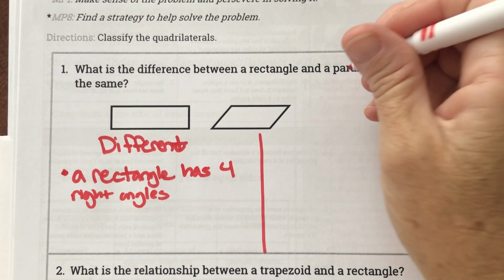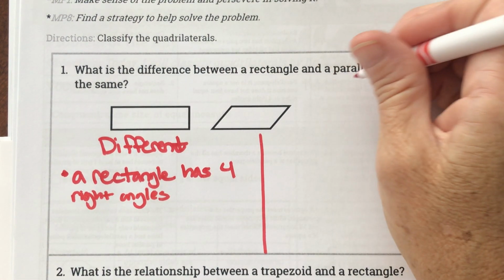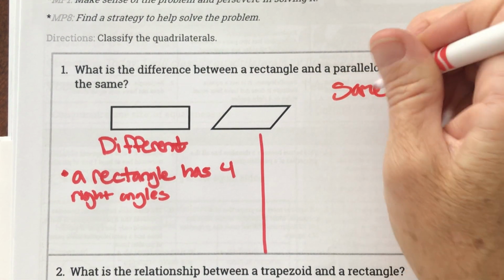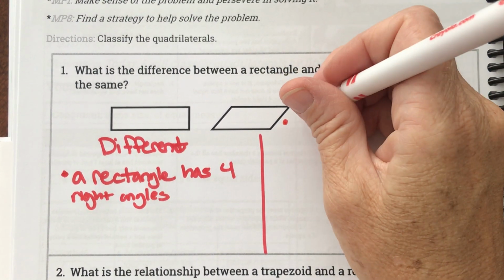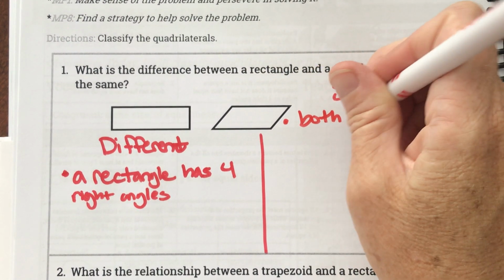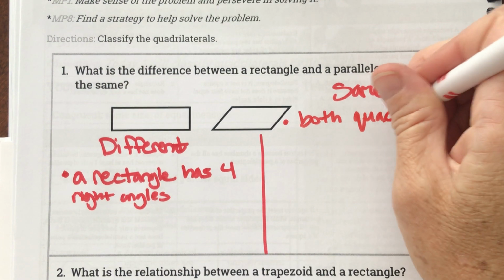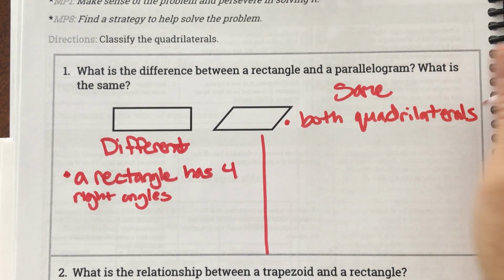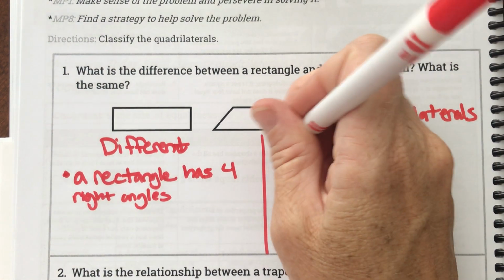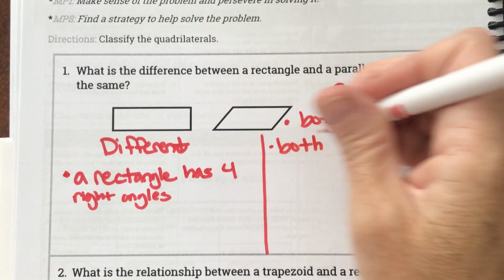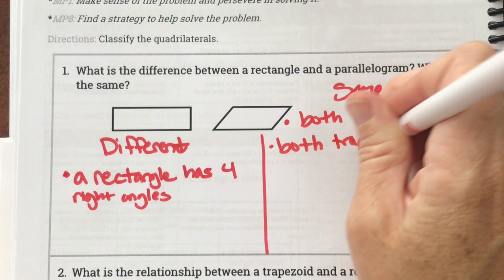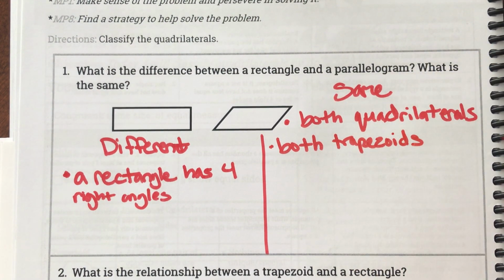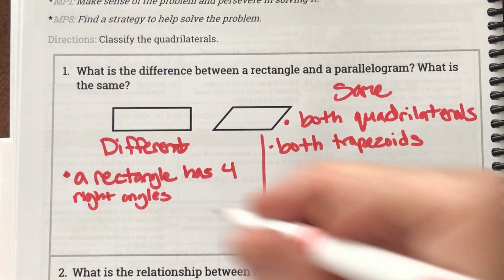Okay, what is the same though? They're both quadrilaterals, because to be a quadrilateral, all you need is 4 closed sides. They are both trapezoids, because to be a trapezoid, you only need at least one pair of parallel sides.